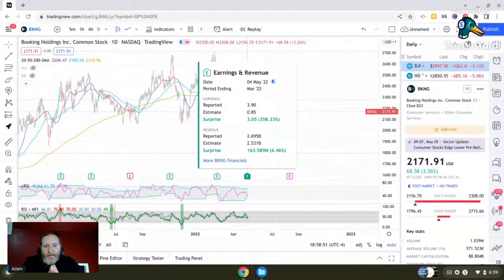They reported, and this is huge, I'm surprised the stock wasn't up more. If the market wasn't being dragged down so hard today, bookings would have soared a lot higher than 3.3%. They brought in EPS of $3.90 a share. Expectations were only 85 cents a share. That's a 358% surprise to the upside. That's incredible.